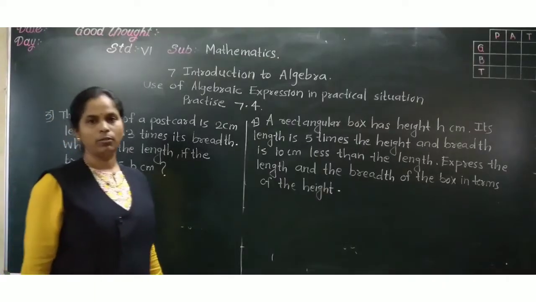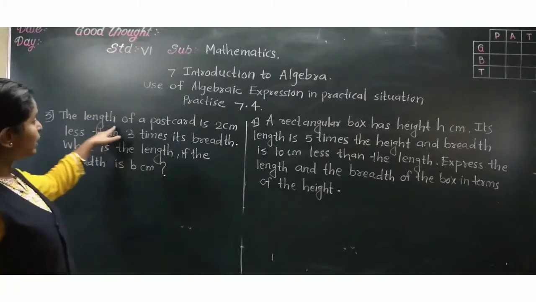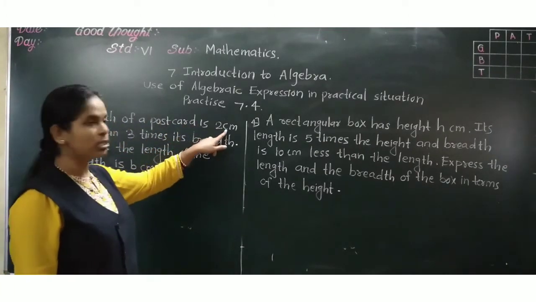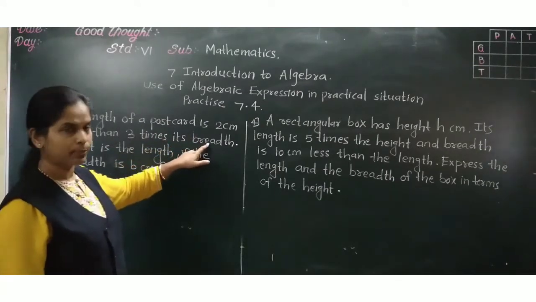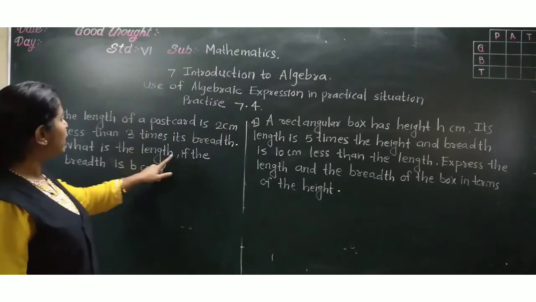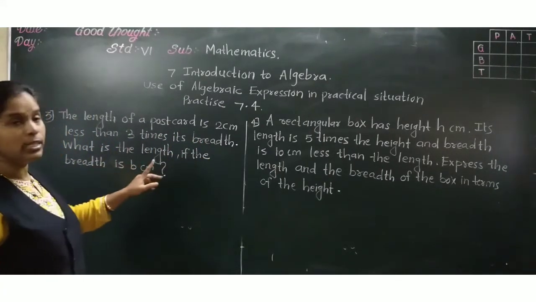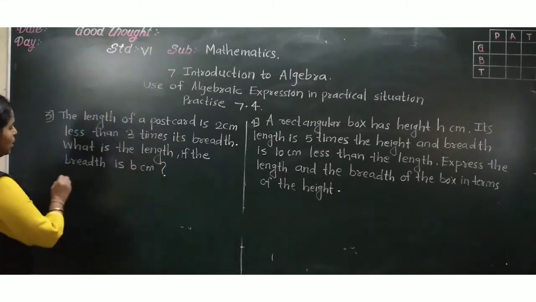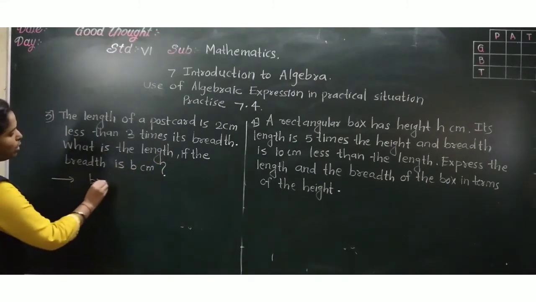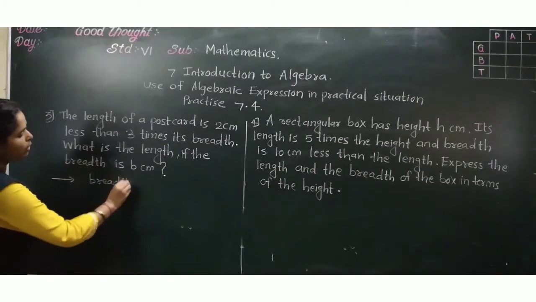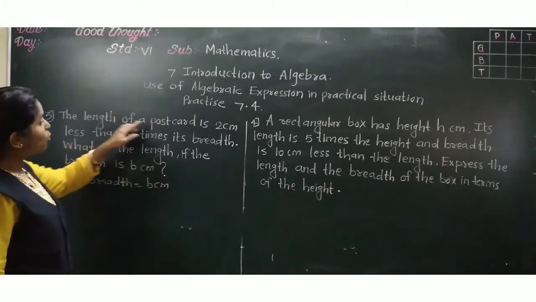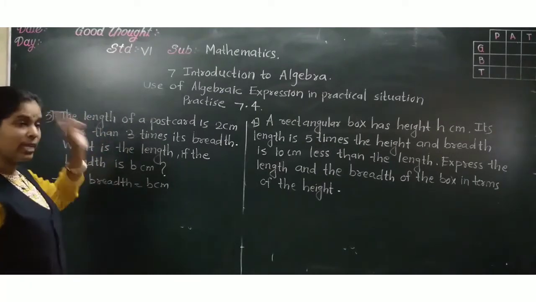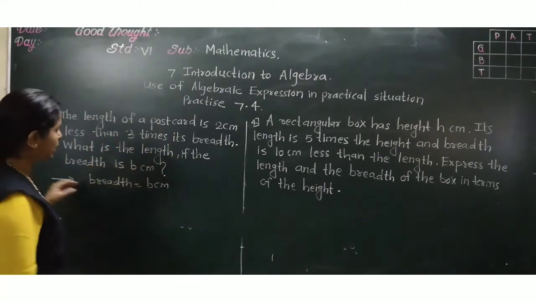Okay. Third one, question number 3. The length of a postcard is 2 cm less than 3 times its breadth. What is the length if the breadth is b centimeter? Now see here, given breadth is b centimeter. The length of a postcard is 2 centimeter less than 3 times its breadth.